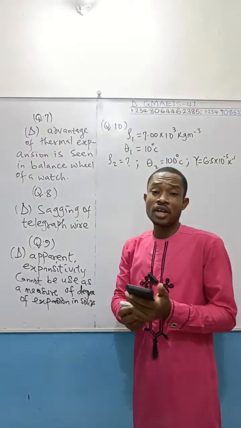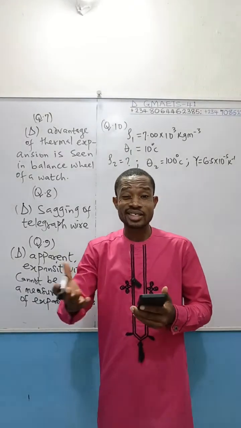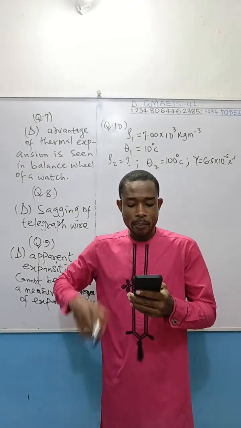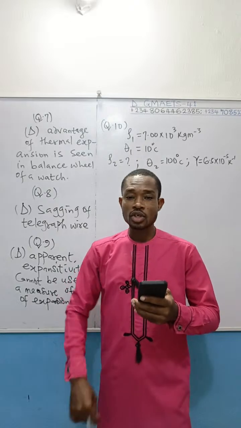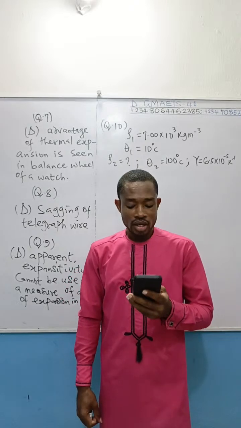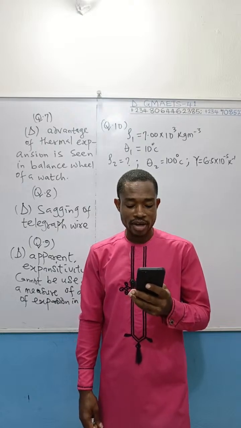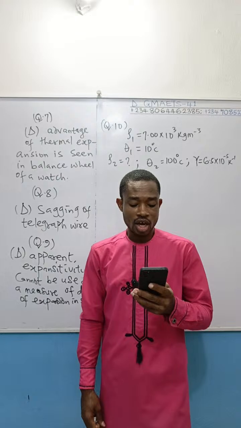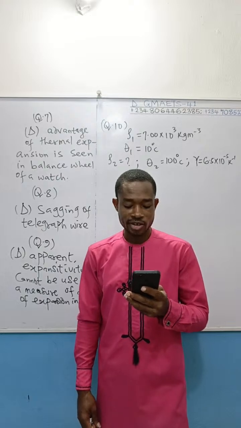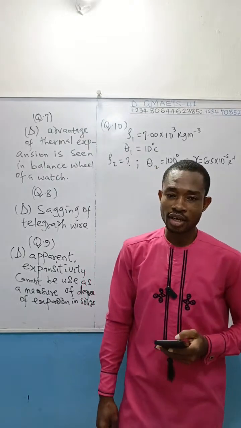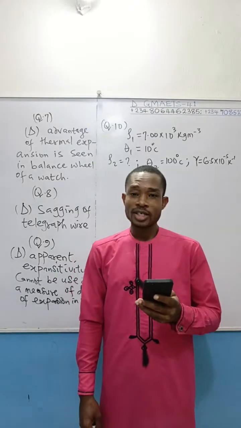Now, listen to the options provided. I'm going to be fast in dictating them. Option A, 7.82 times 10 to the power of minus 3 kilogram per cubic meter. Option B, 6.96 times 10 to the power of minus 3 kilogram per cubic meter.